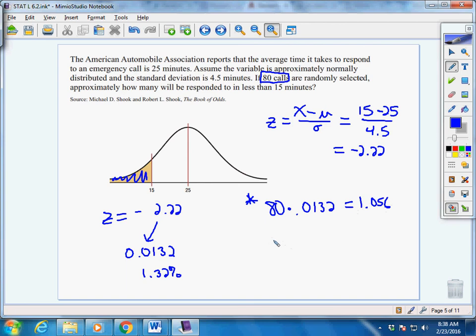So approximately one call is going to be responded to in under 15 minutes. Again, using our z-scores, doing the same things, but when they give us an actual number, we just have to multiply that by the percentage or the decimal equivalent to figure out the exact number out of that total.